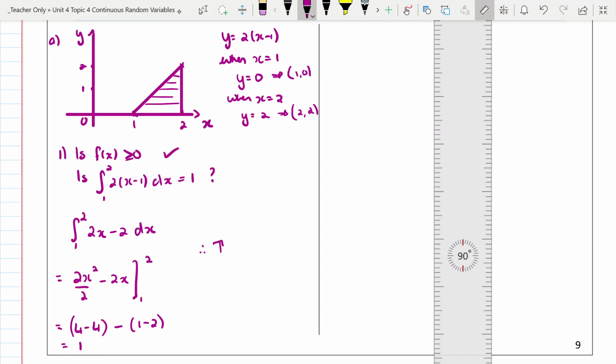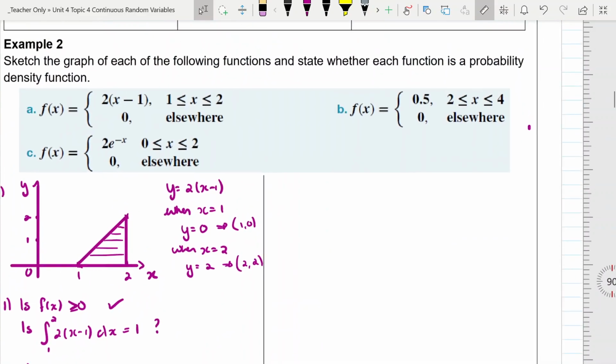So therefore, this is a probability density function.